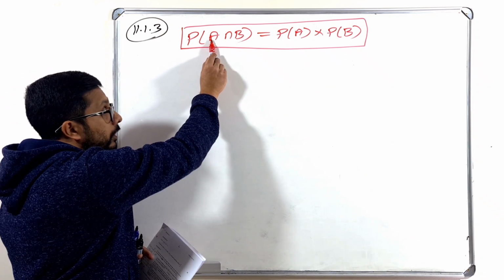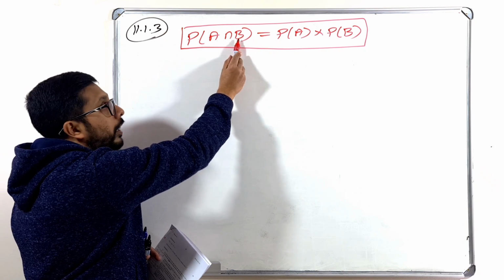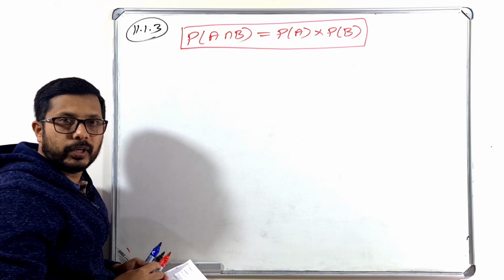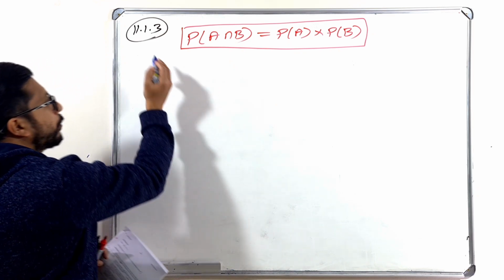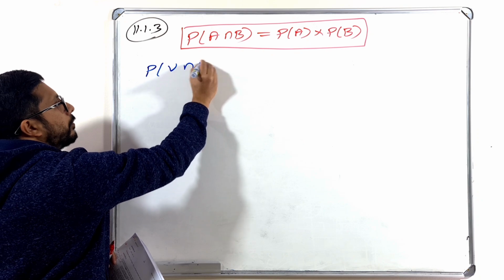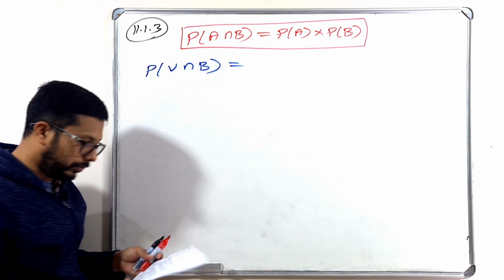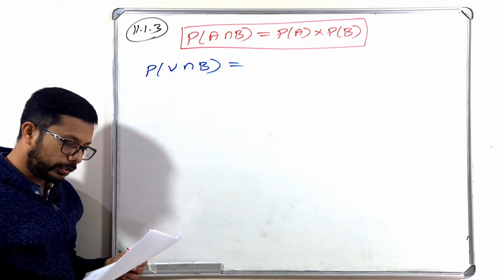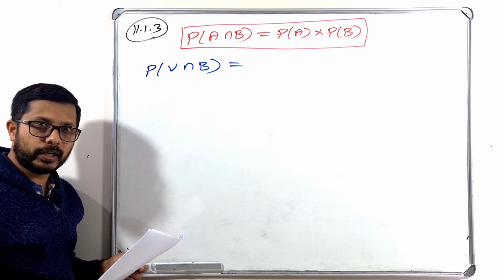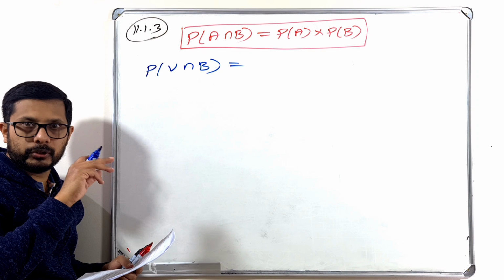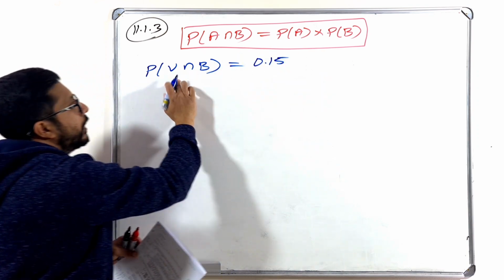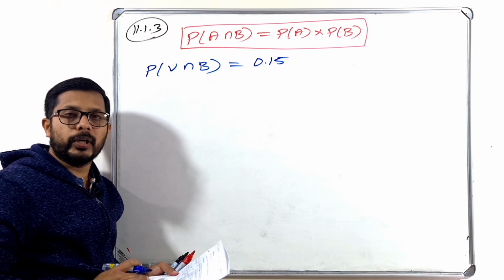First we have to find the probability of Whaley intersection Bongani. Is it not given in the previous question? The probability of Whaley intersection Bongani is 0.15. It is given in question 11.1.2.